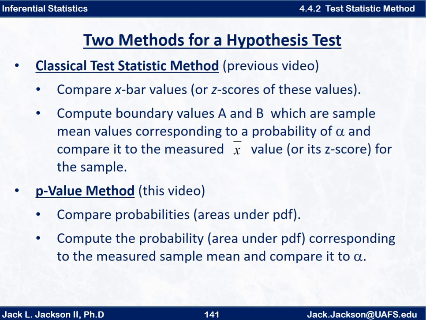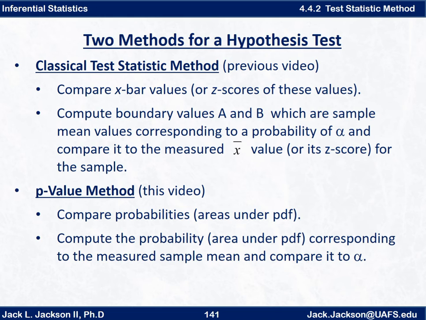And in those critical regions, the probability that x-bar or z-score lands in those critical regions was the probability alpha. And so we ended up comparing either x-bar value to x-bar value, or what we actually usually do is z-score to z-score. Now in this video, we're going to talk about the p-value method.